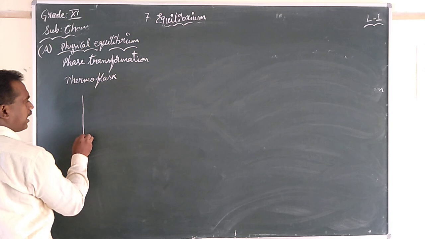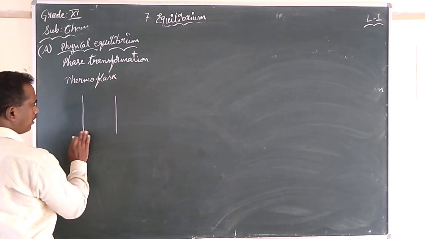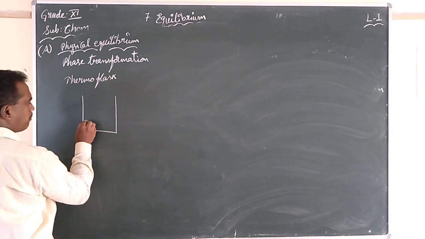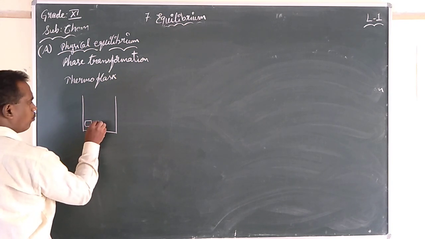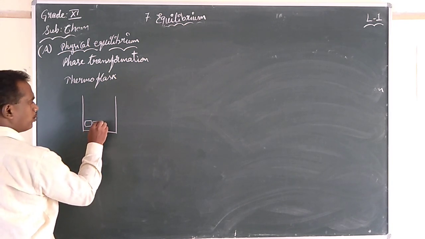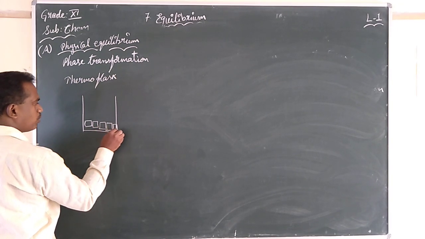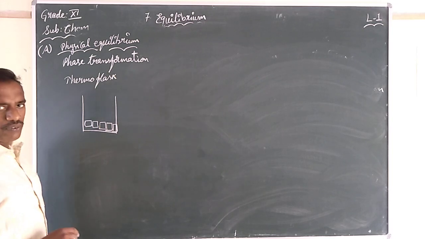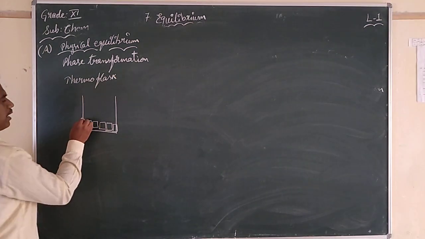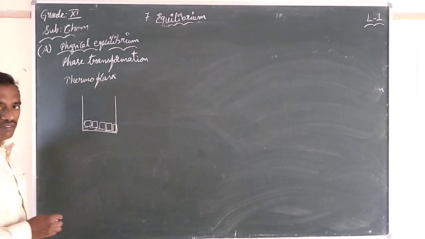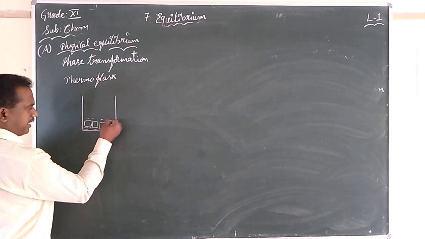Imagine in this thermoflask we have some ice cubes. What do we have, children? Ice cubes. Before you close the lid, let us imagine some of them turned into liquid state.